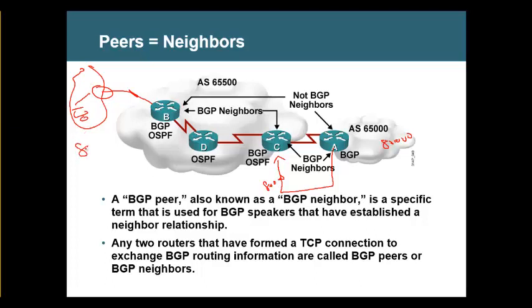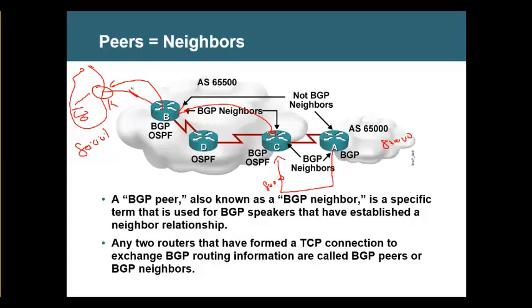I want to ping this. So what we need is this route from C to be given to B, so that B can advertise it to A, B can advertise to, let's say, K. We want this along with the attribute.